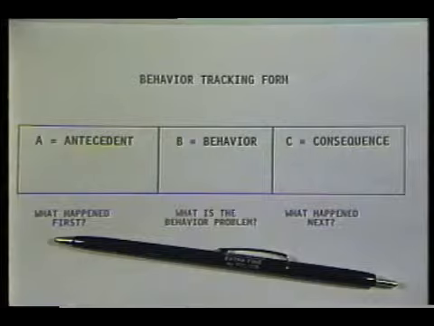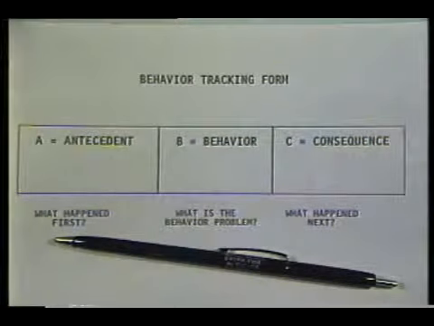First, you identify a behavior, one that you can see. Write down what the behavior is on a sheet of paper. Next, you record how often the behavior happens, what happens immediately before the behavior, the antecedent, and what happens immediately after the behavior, the consequence.